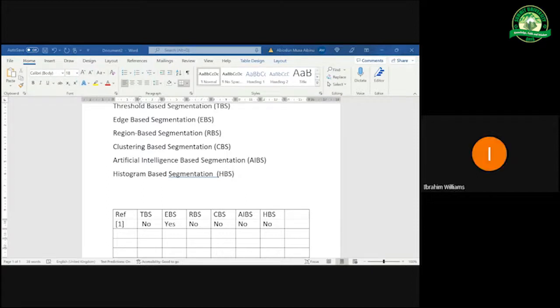Yes, sir. One of the papers I downloaded, I saw segmentation based on skeleton, skeletonization. Yes, you can. As I've said, the list I have here is not exhaustive. So you can add it, and confirm if other authors also use that. Okay, sir. All right, sir.